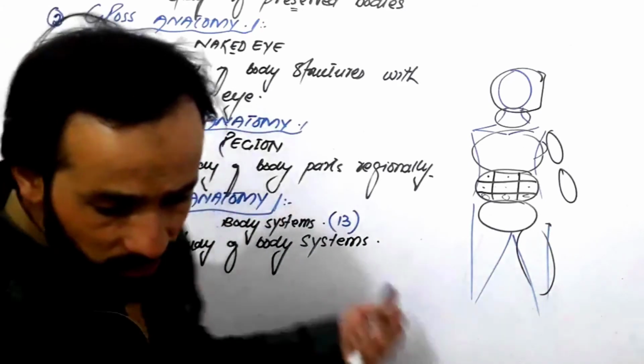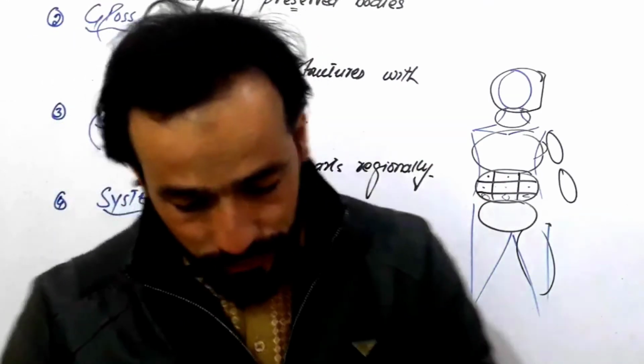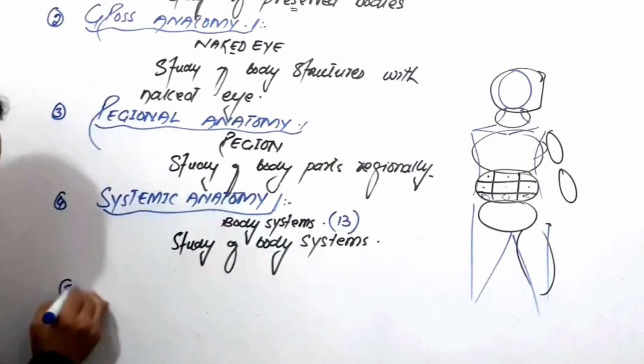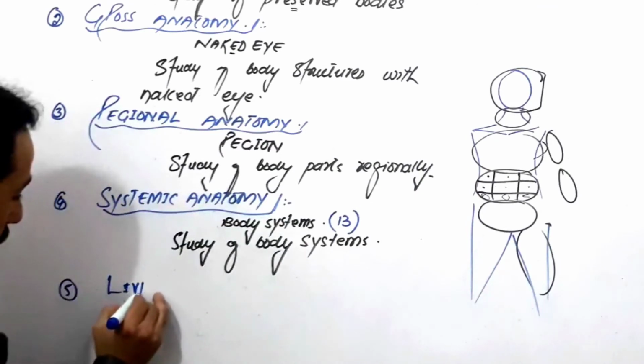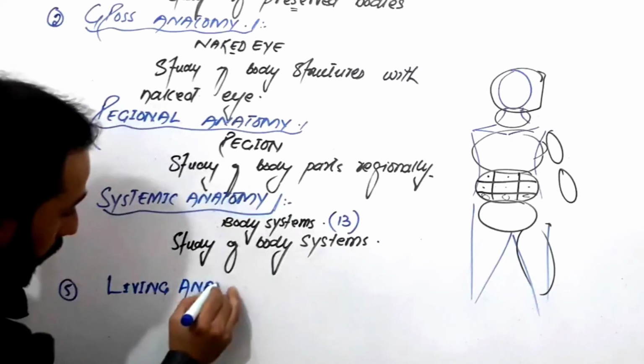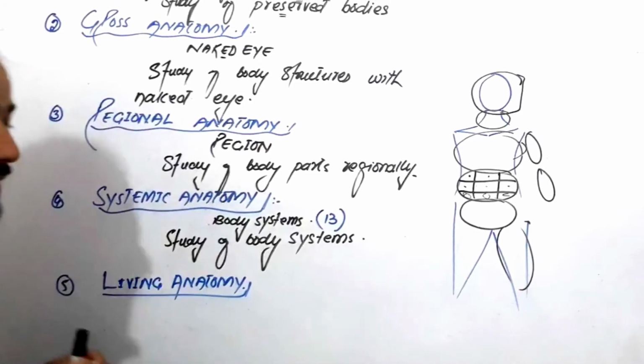Okay, then we have another branch of anatomy that is called living anatomy. Wow, living anatomy. What is living anatomy? Friends, whenever a patient goes to a doctor in his clinic, look carefully.